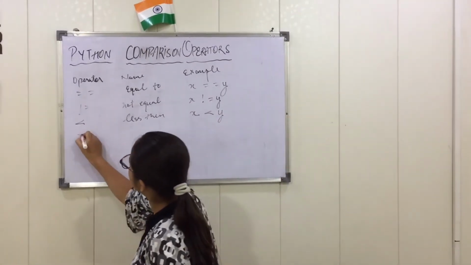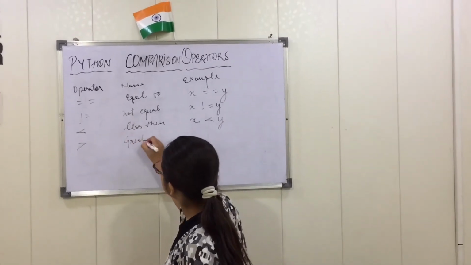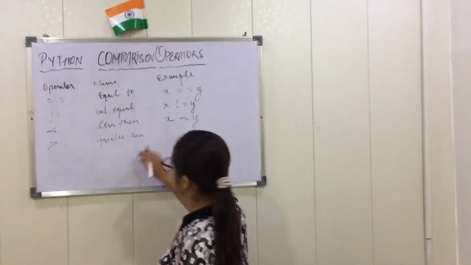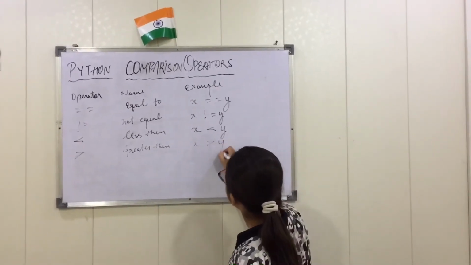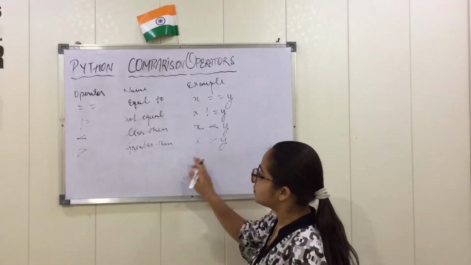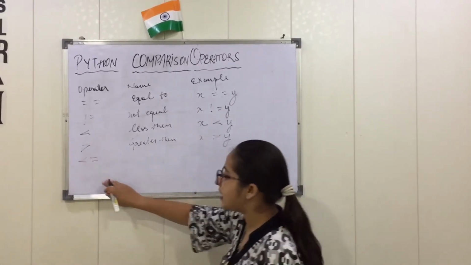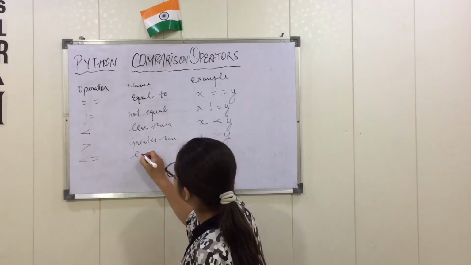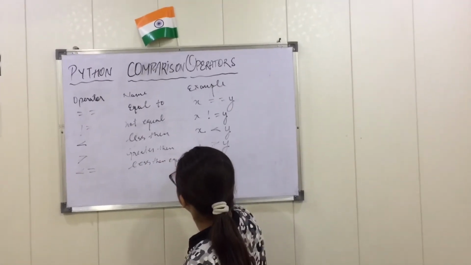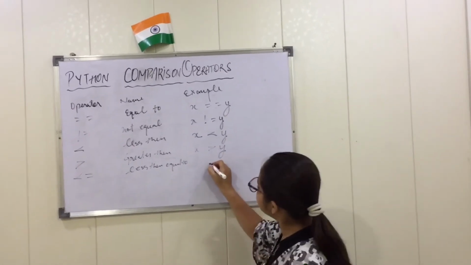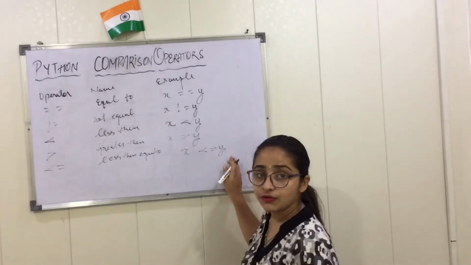The next is greater than, for example x is greater than the value of y. The next is less than or equal to, for example x is less than or equal to the value of y.